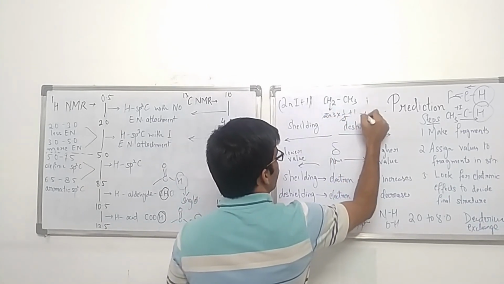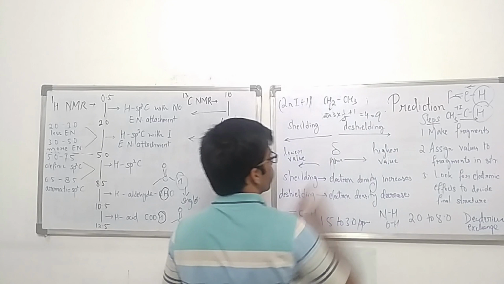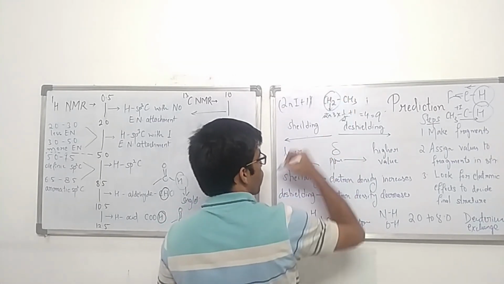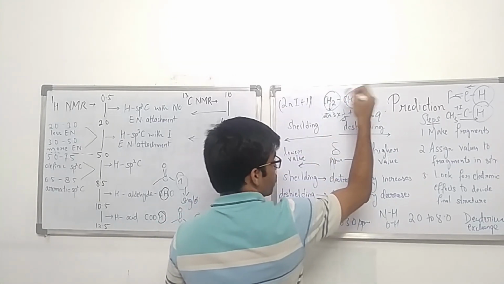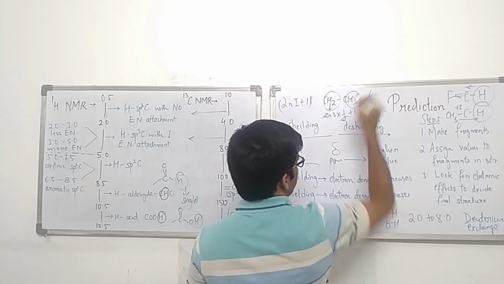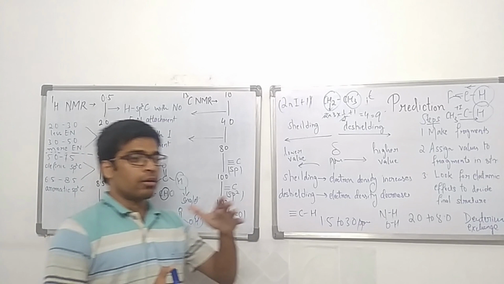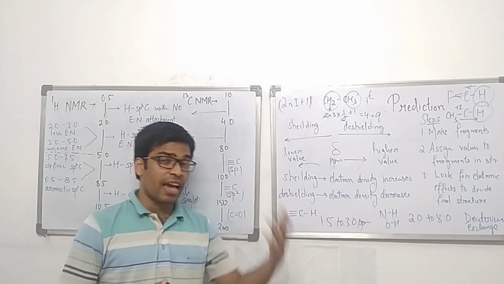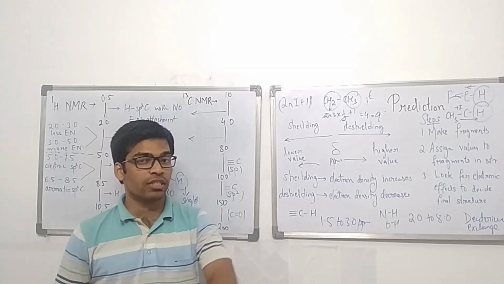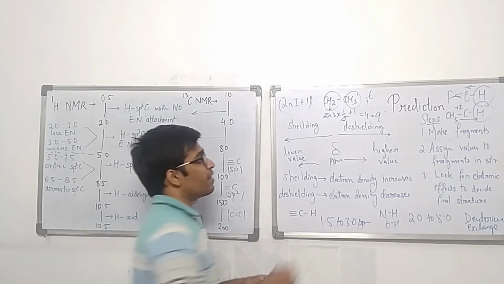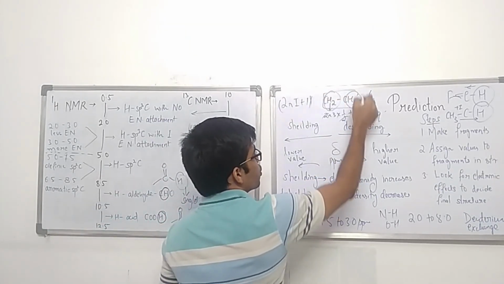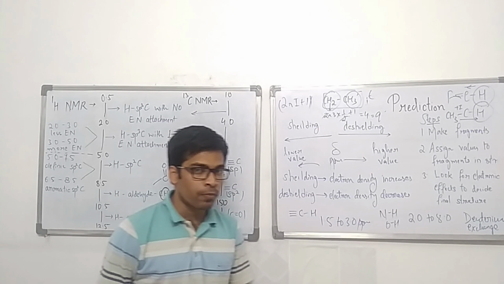So I have 4. That means it is a quartet. So these 2 protons will have a quartet, and these 3 protons similarly will have a triplet. So if in the data you are given that, say for example, 3 hydrogens have a triplet and 2 hydrogens have a quartet, you can very well say that this CH2CH3 fragment will be present in the molecule.